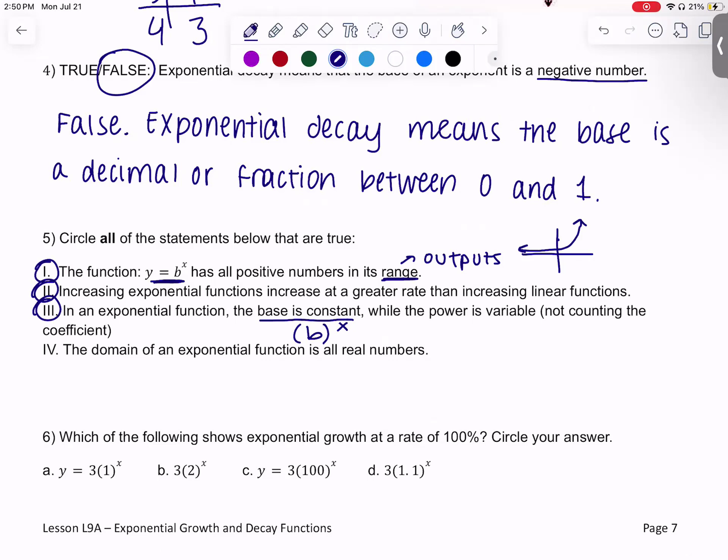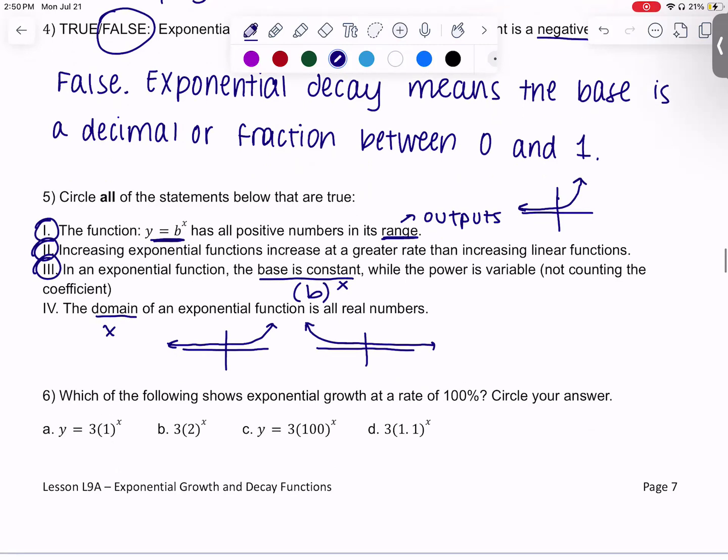Number 4, the domain of an exponential function is all real numbers. Domain are x values. And yes, again, the graph will go all the way left and all the way up and to the right. If it's increasing, it'll go all the way left and up and all the way to the right. If it's decreasing, it'll extend left and right always.